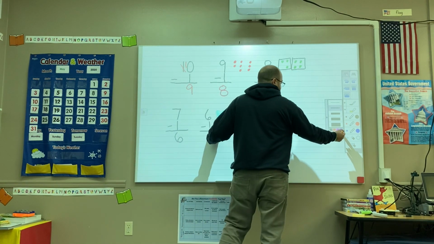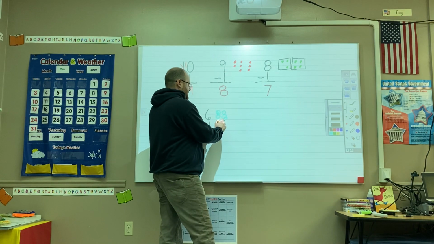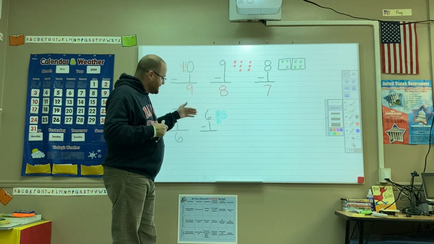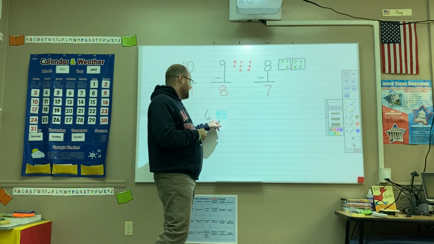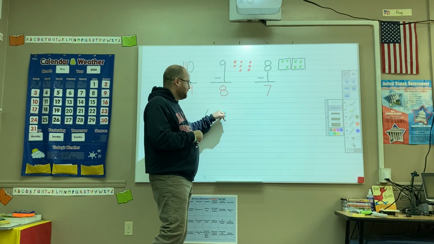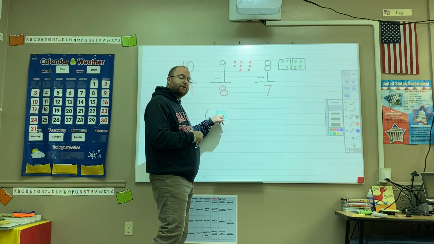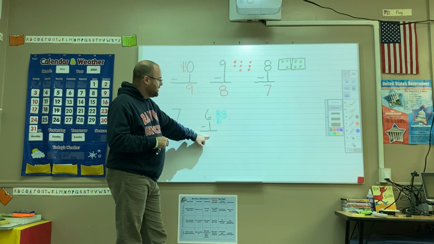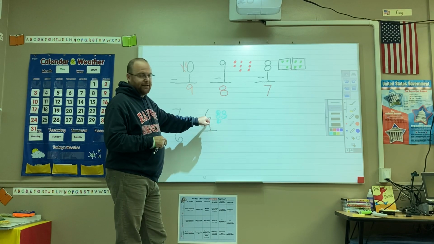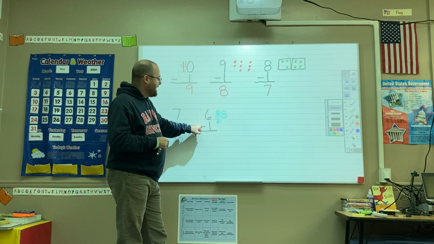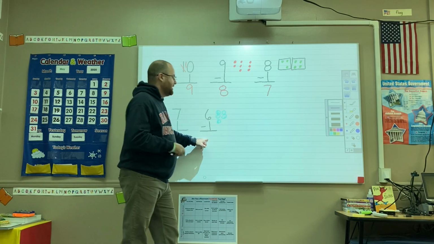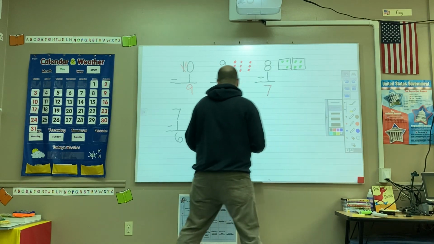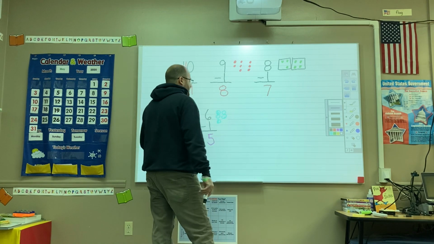Let me take away this guy right here. I don't want you anymore, you were kind of weird anyways. Now how many smiley faces do I have? 1, 2, 3, 4, 5. 6 minus 1 is 5. My answer is 5.